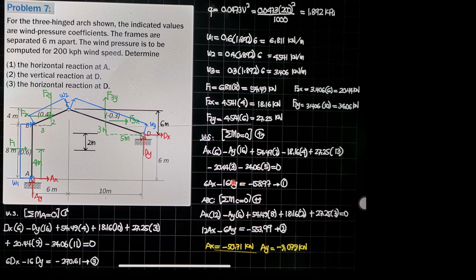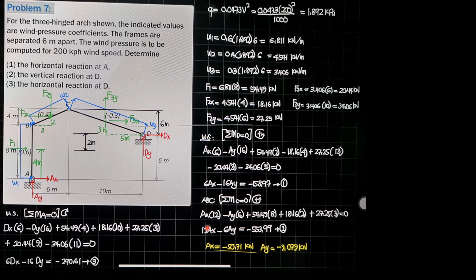So simplifying, we have equation 1, 6AX minus 16AY equals negative 158.97 kilonewtons. Call that equation 1. Then we consider member ABC. Take note that if we isolate this, we have reactions at C, but anyway, we sum up moments about C equals 0 and still counterclockwise positive.